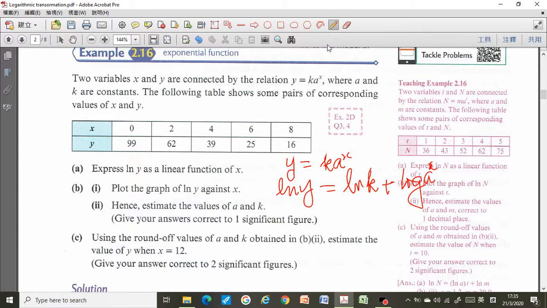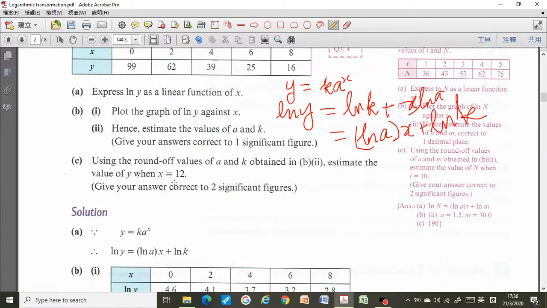Sorry, I think I made some mistakes for the logarithm. It is ln a and then x here. And arrange them, you will get log a times x plus log k. You see in the solution, you can just write down this first step and then get your answer directly, just like this.